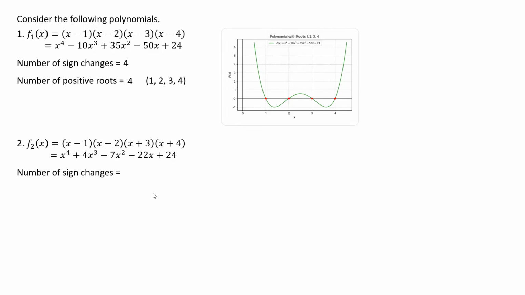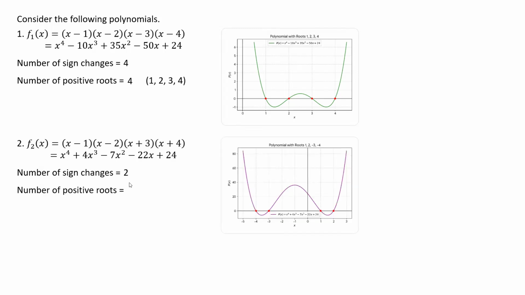So there are two sign changes, right? According to this, how many should we have? We should have two positive real roots, right? Based on the figure, there are two negative roots here, but the positive roots are 1 and 2. So there are two positive roots, which happen to be positive 1 and positive 2. Cool. So you're getting a hang of this sign changes and the number of positive roots? Good. Let's pick another one.